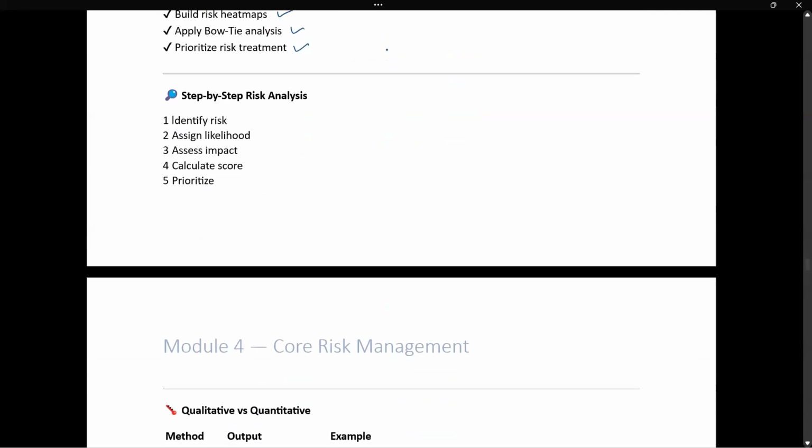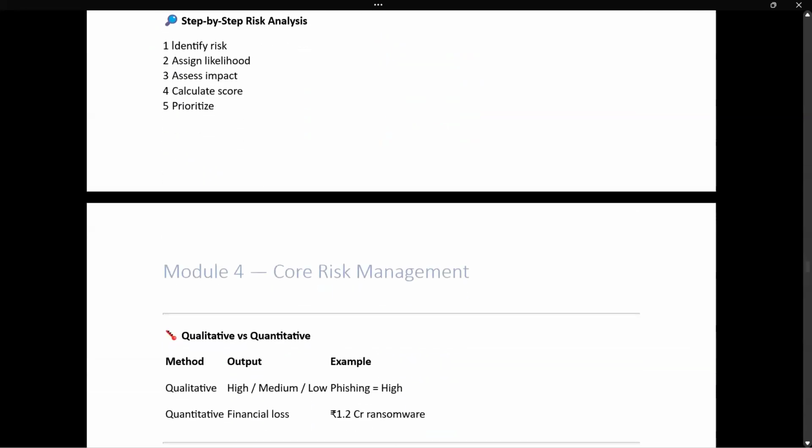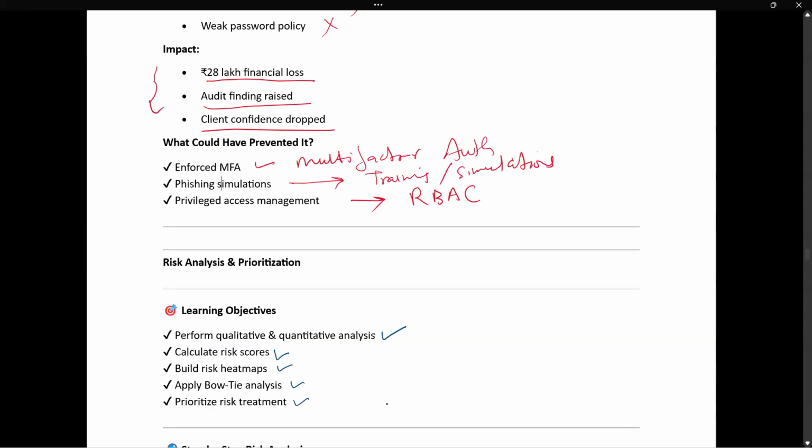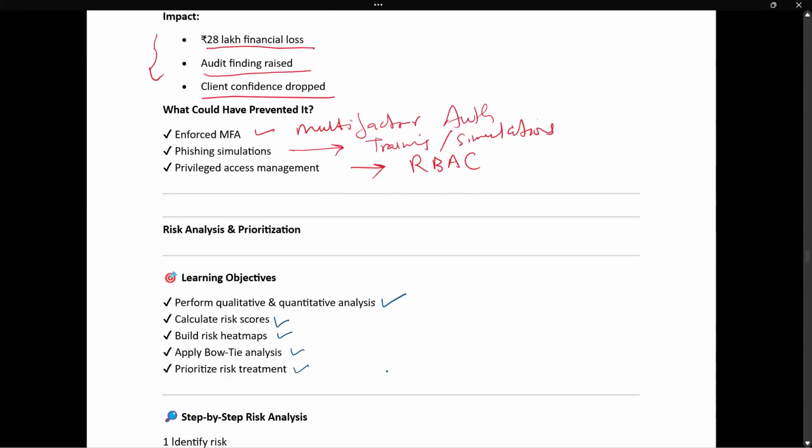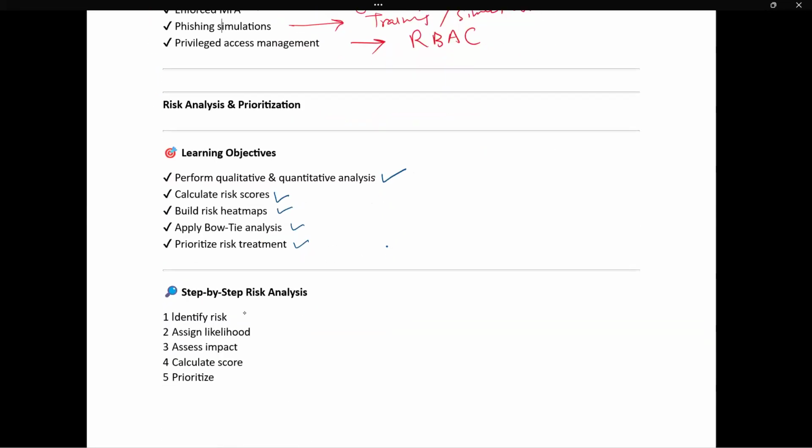So step by step, risk analysis has 5 steps. Step number 1 is identify the risk. First, we need to see what the risk is.